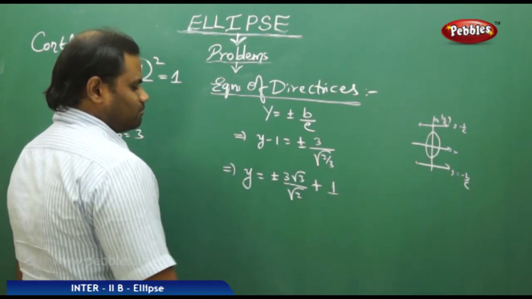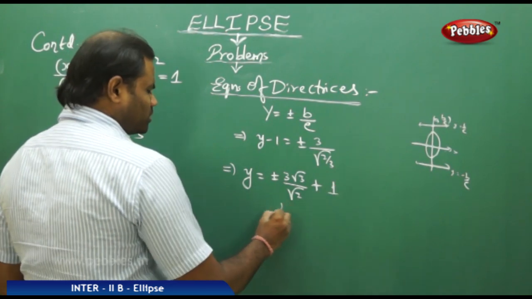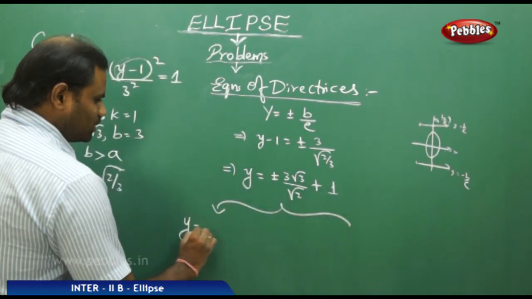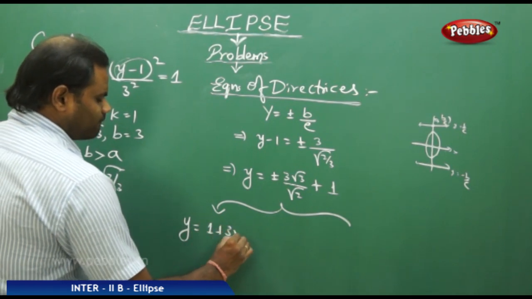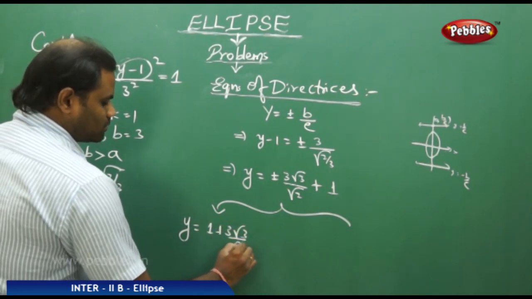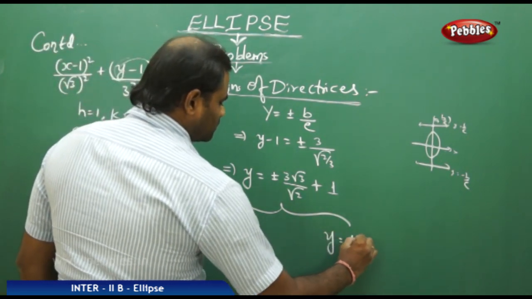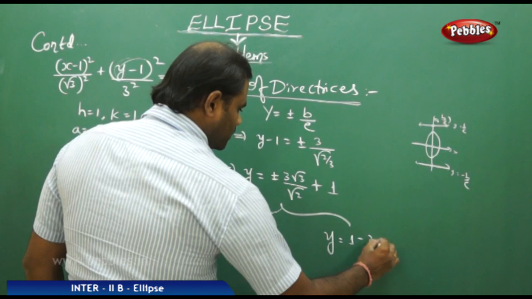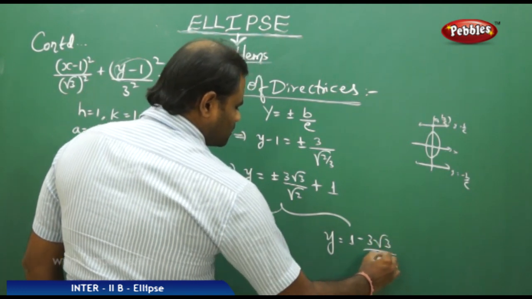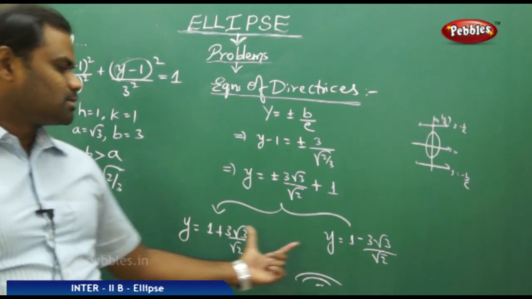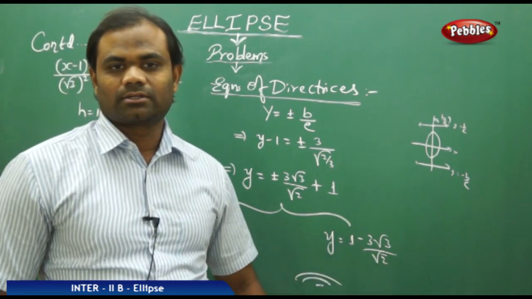So there are two equations of directrices. One given by y equals 1 plus 3 root 3 by root 2, and the other given by 1 minus 3 root 3 over root 2. So the equations of directrices are this and this.